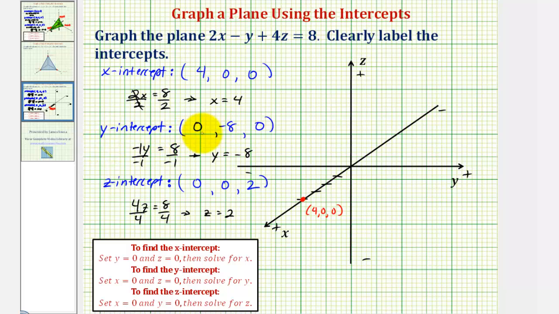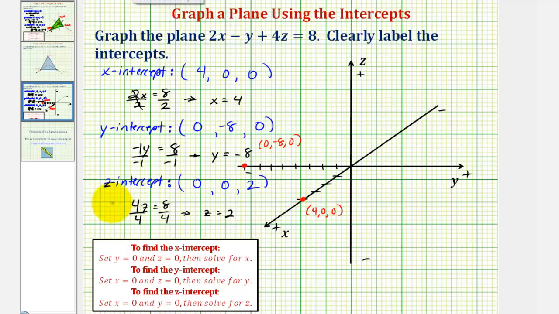Now the y-intercept is (0, -8, 0). Here's the negative y-axis. So we'd go out 8 units to the left, which should be here. Again, this is the y-intercept of (0, -8, 0).